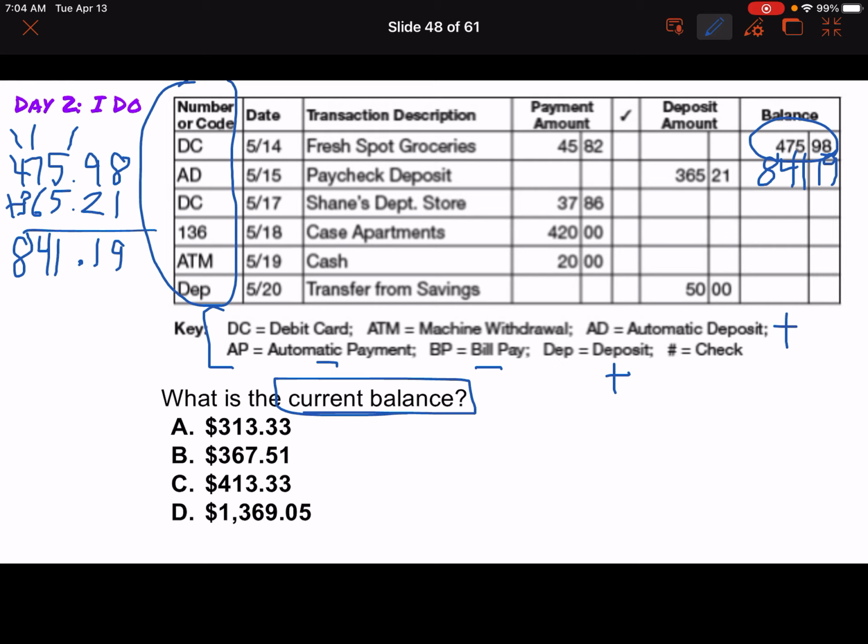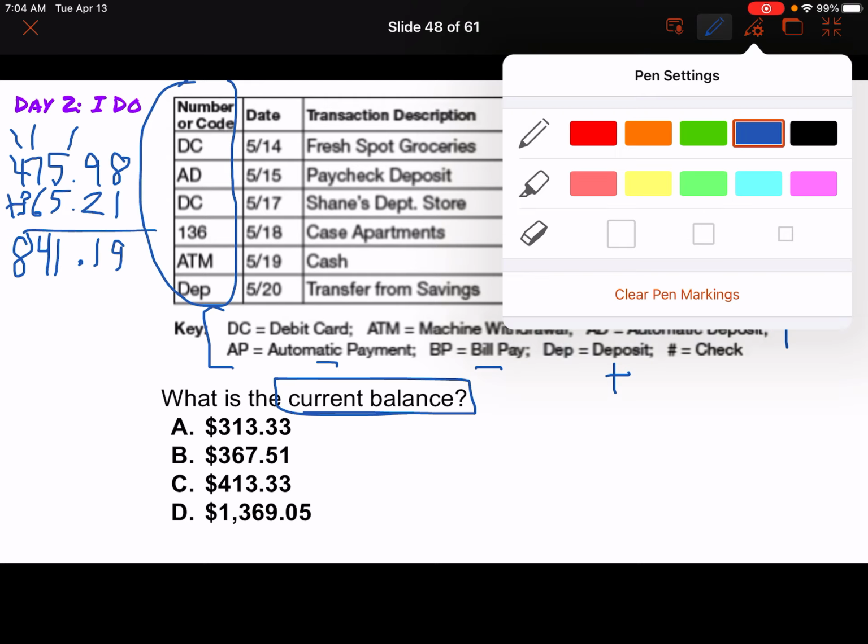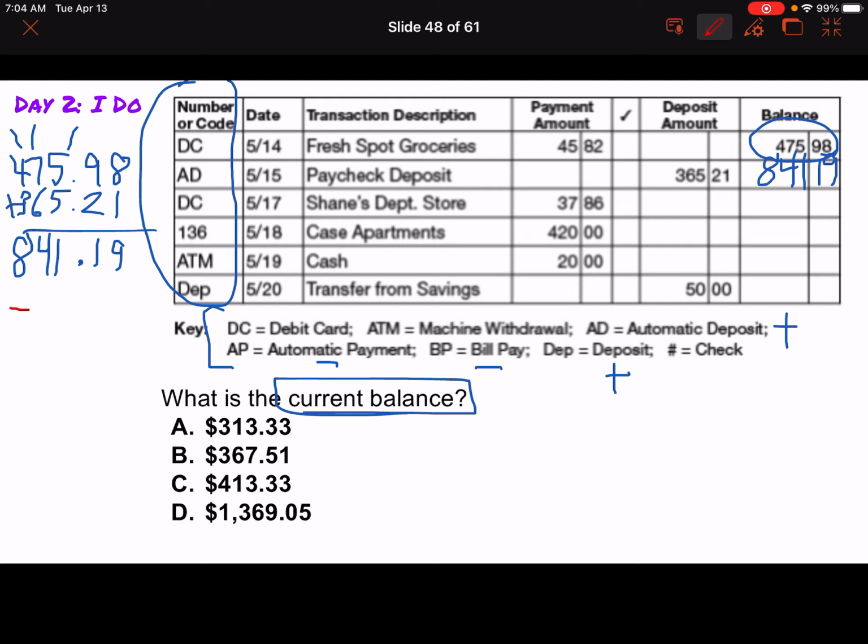Then on May 17th, I used my debit card, DC, at the Shane's department store. I spent $37.86. So for my spendings, I'll do red. Subtract that. I am not borrowing correctly, guys.